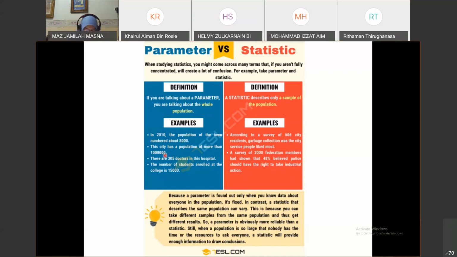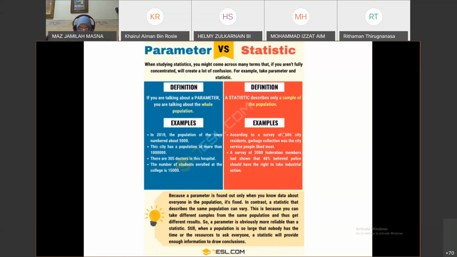Again, there are 305 doctors in the hospital. This simple statement reflects the population. It means that capital N for doctors in that particular hospital is only 305. As compared to statistic, which means that you collect your sample. So what will be the hint for that so-called sample?